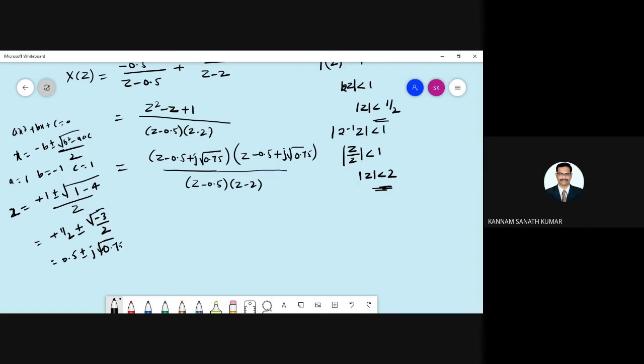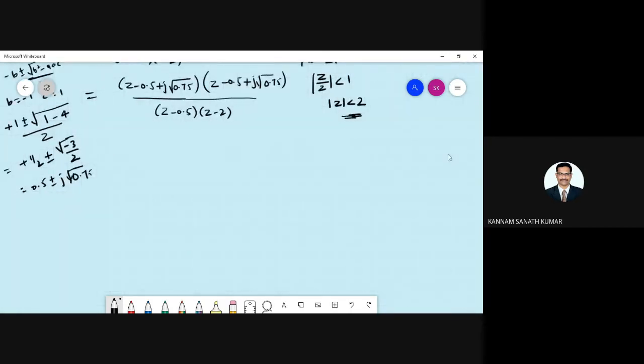Okay, so what are the roots? He has asked about the ROC as well as the pole zero location. So if you want to draw the ROC, what is the ROC? If you see the ROC, one is a circle of radius 1 by 2.